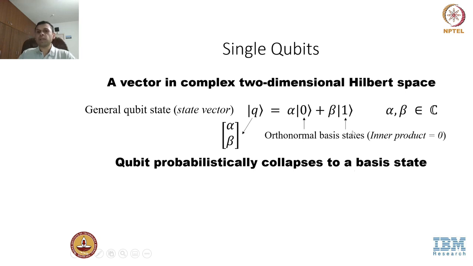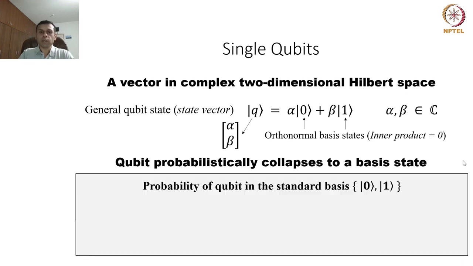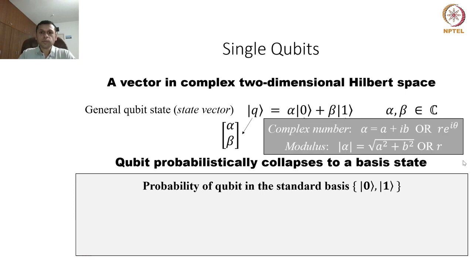So they do not remain in the superposition form. When you look at them, they collapse. So they can assume the form either 0 or 1, and as it happens, their probabilities of being in the state 0 or being in the state 1 happen to be definite, and we can actually calculate this.